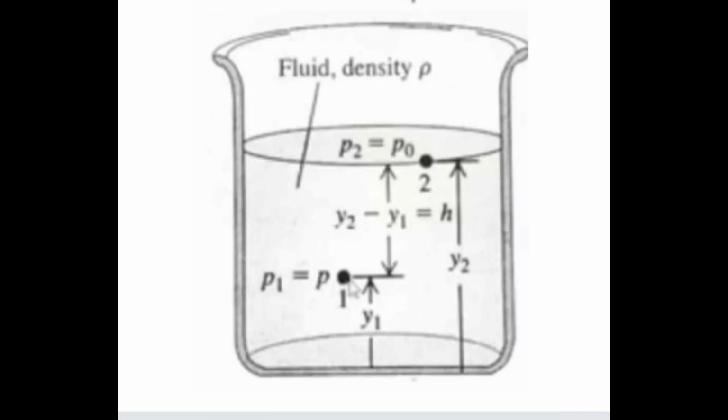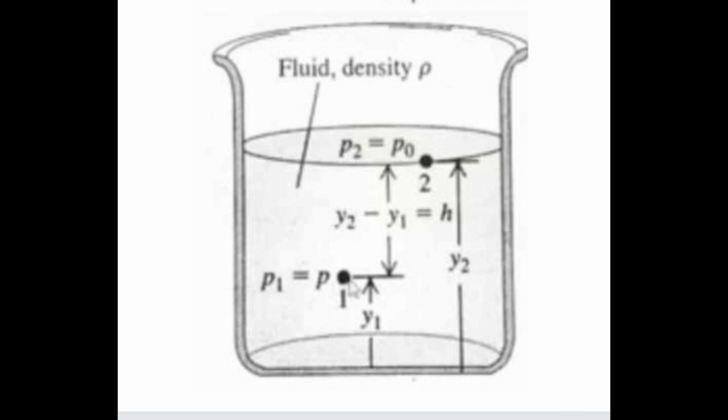Now, we have an illustration of the fluid diagram. The diagram provided visually represents the system. First, we have point 2 at the fluid surface, which shows the pressure as P sub 2 equivalent to P sub 0, automatically called atmospheric pressure.